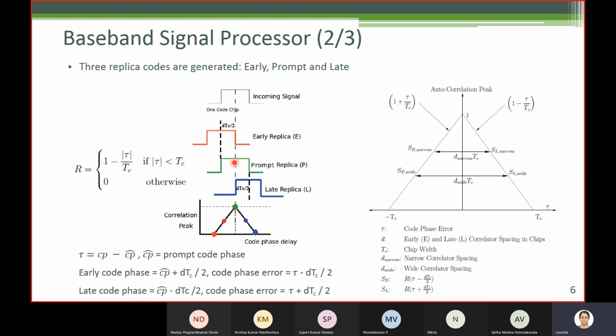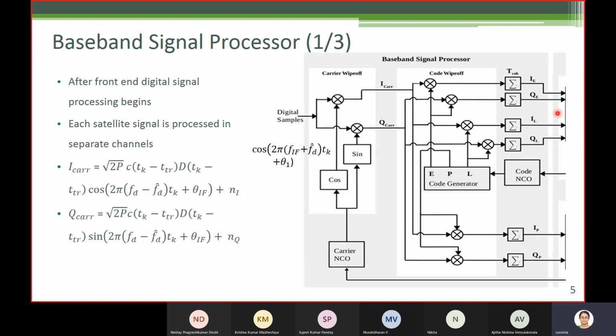So the objective is to design a feedback control loop where we compare early and late and try to zero the error between them, so that the prompt is aligned with the incoming and the green point is at the correlation peak. A feedback control loop is designed using the baseband signal processor and the subsequent ranging processor. Here we are just seeing some components of that loop. When we talk about the ranging processor, it will be completed and we'll have an equivalent block diagram representation under some assumptions.